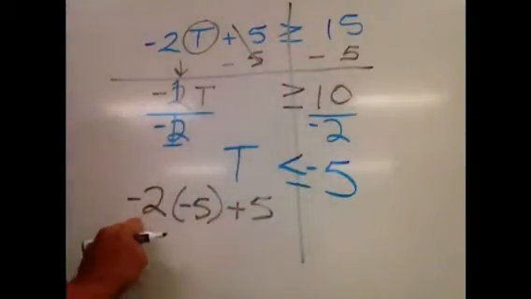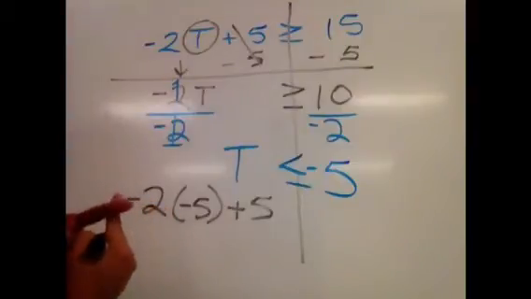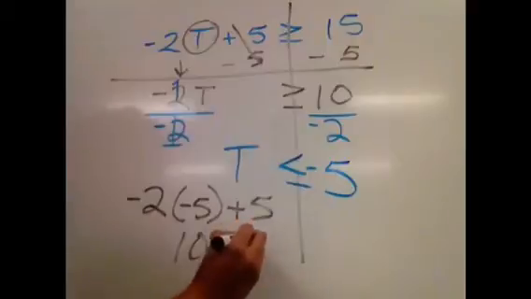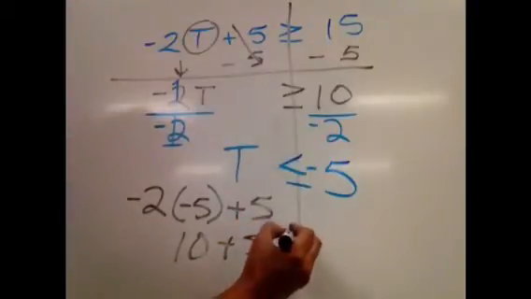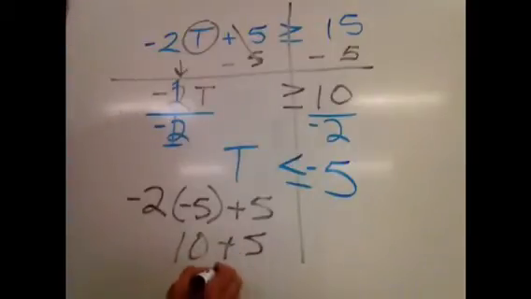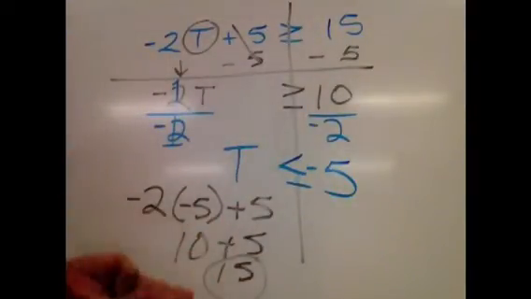All right, negative 2 times negative 5 becomes a positive 10. 10 plus 5. All right, is that greater than or equal to 15? Well, this is 15, isn't it? Okay, that's 15. Well, so far it's true, but we don't know if it works for all of these.